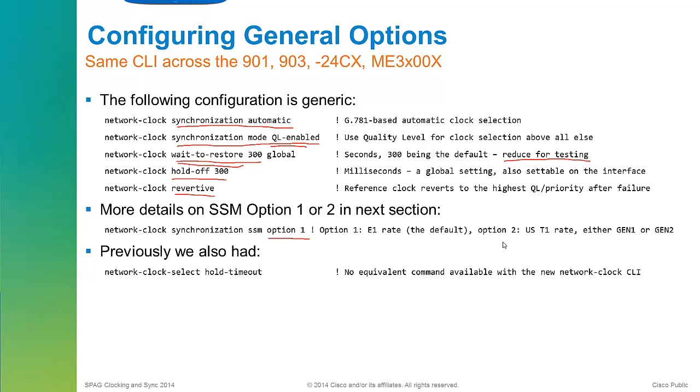If you're in the North American US type part of the world and talking ANSI and Sonnet, then you'd be option 2. And then you start talking about TDM interfaces being T1 circuits rather than the other part, which is E1, which is the non-US European part of the world. There is actually option 3, which is Japanese standards. Most of these platforms don't really support option 3.